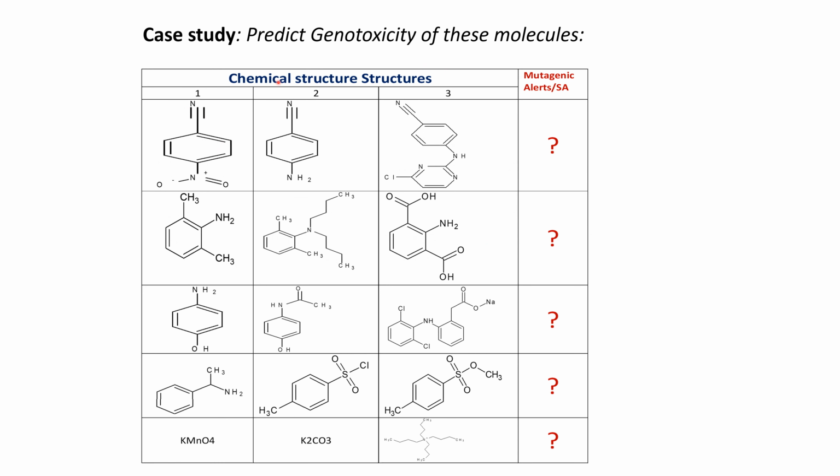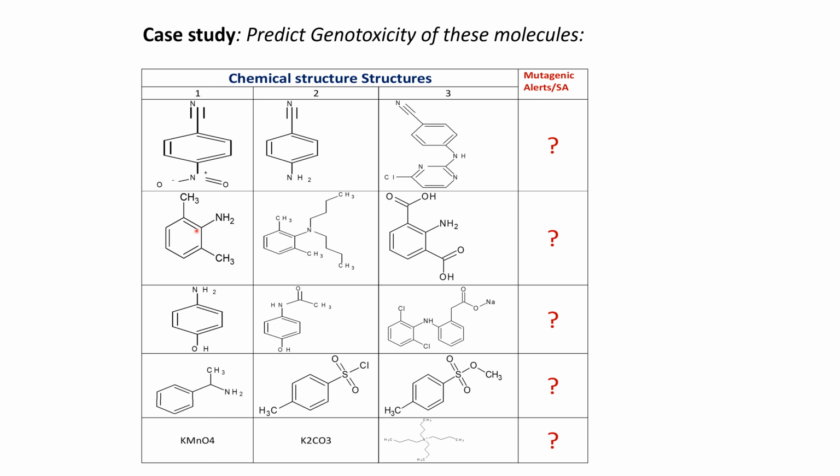Based on the discussion, now you can predict the genotoxic nature of these molecules. But keep in mind, this will be only a prediction. The final decision will be given only after proper lab testing. For example, this aromatic amino compound contains two methyl groups which are ortho to the NH2 group.